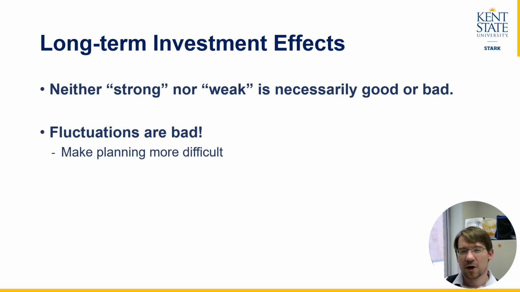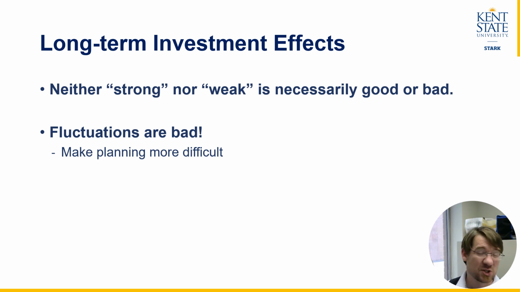Now let's look at long-term investment effects. Well, the reality is that when we look at long-term investments, a strong currency or a weak currency really doesn't have much long-term effect. Rather, what's more important is that you be predictable. Right? So fluctuations are bad from a long-term investment perspective, simply because it makes planning more difficult.